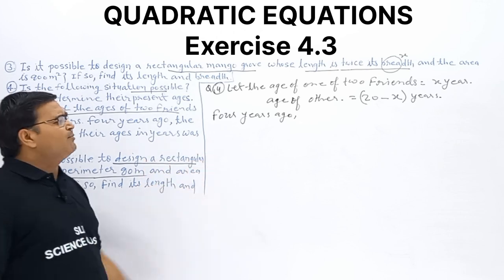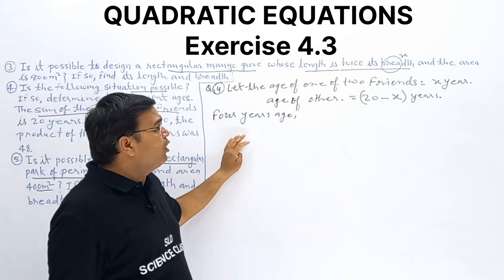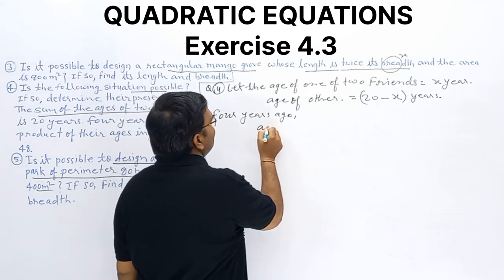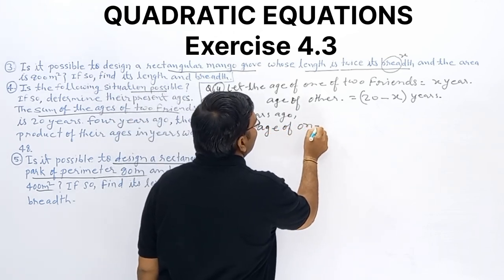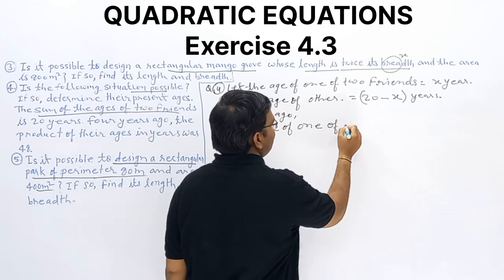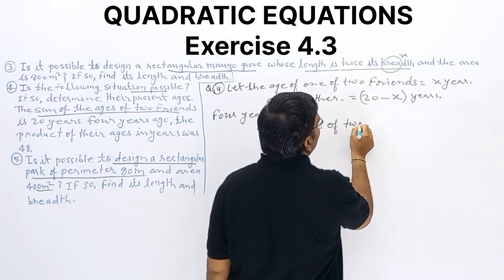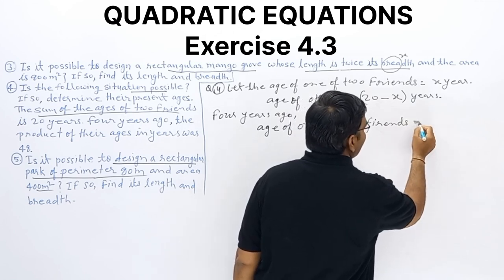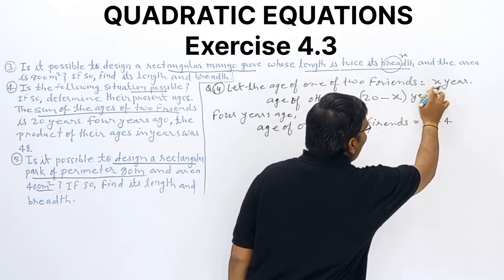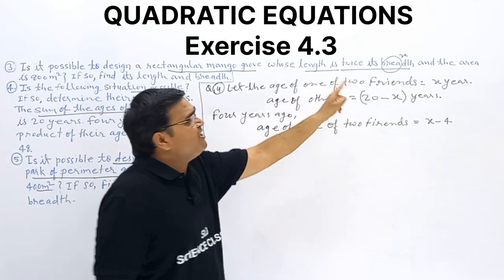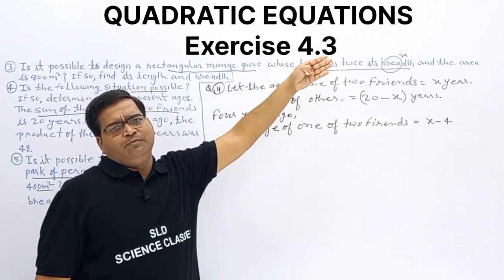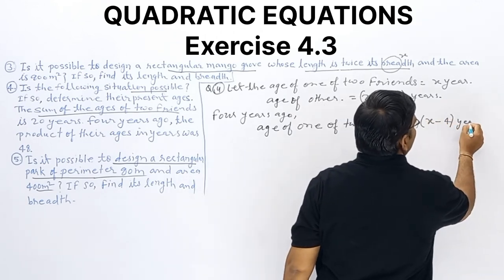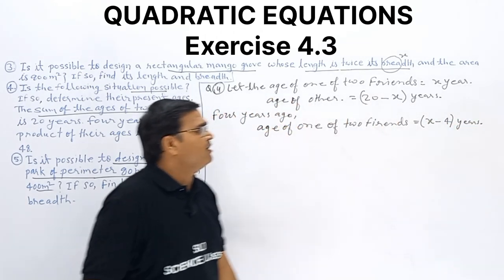We will do product, but first, 4 years ago, what will be ages of both? 4 years ago, age of one of two friends equal to X minus 4. Present time age of one friend is X. 4 years ago will be X minus 4 years. Yes or no? Getting now?